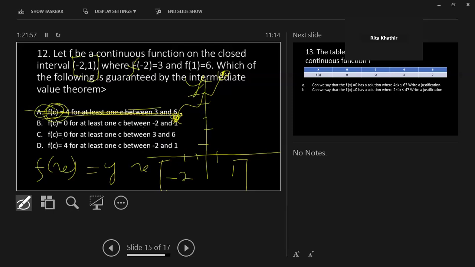Okay? So look, statement B: f of C equals 0 for at least C between -2 and 1. What do you think?